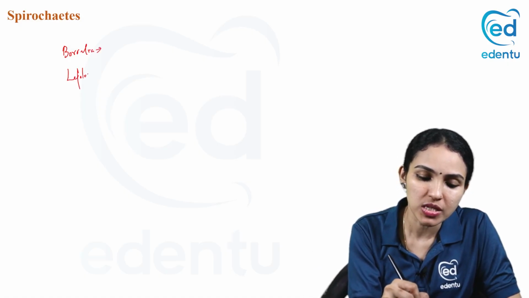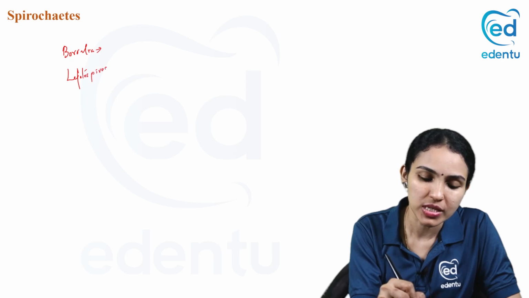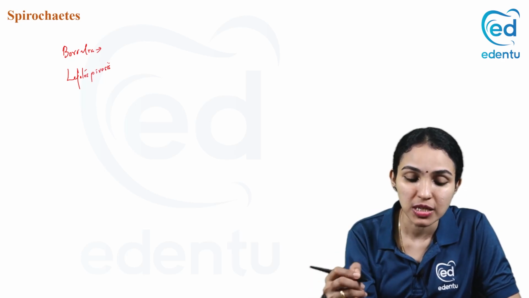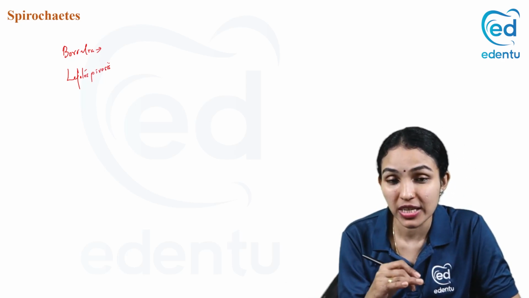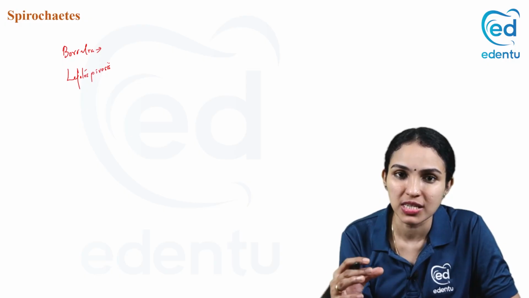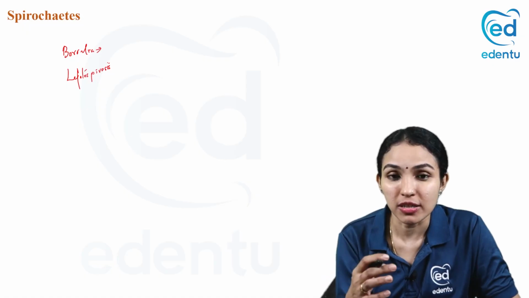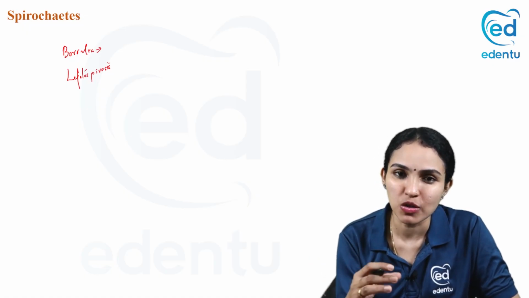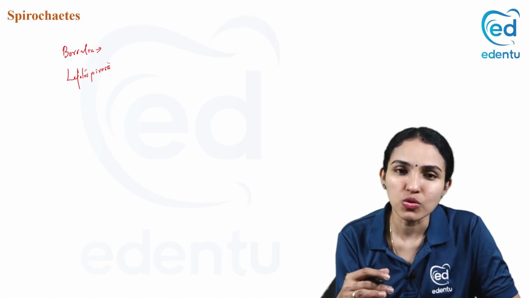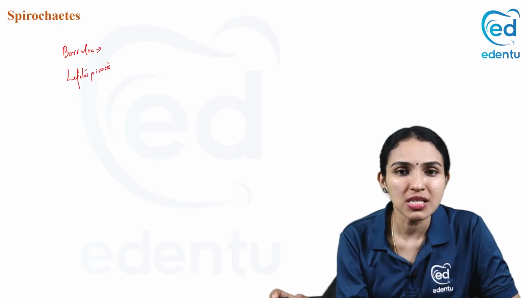And leptospirosis can also be a probable question, a short note that can be asked in the exam. So please read the important headings we have discussed: the pathogenesis, the disease condition, how you will diagnose the condition, and the various species names of these organisms. All these can be asked as questions.